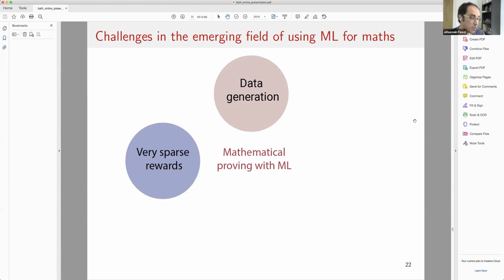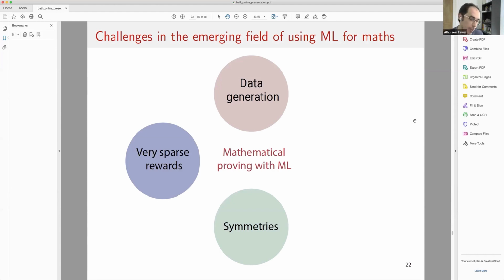One other problem is that your rewards are extremely sparse. Usually proofs are long. We circumvented this by using the structure of the inequalities that we have, giving a reward at each step. There are many symmetries in mathematics, and we need to take this into account in the architecture. Otherwise, it will just not work at all, or it will be extremely inefficient.